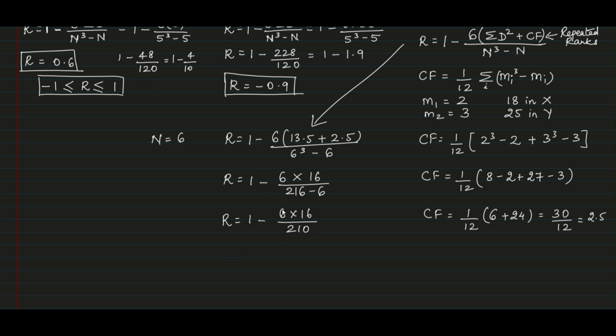Solving this in the calculator, we get 0.5429, nothing but 1 minus 96 by 210, and its value is 0.4571. So 1 minus 0.4571 comes out to be 0.5429.